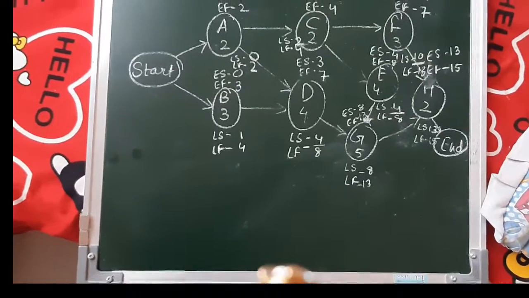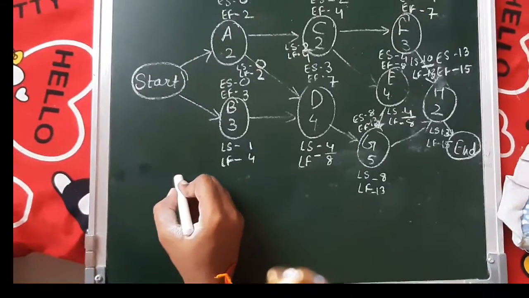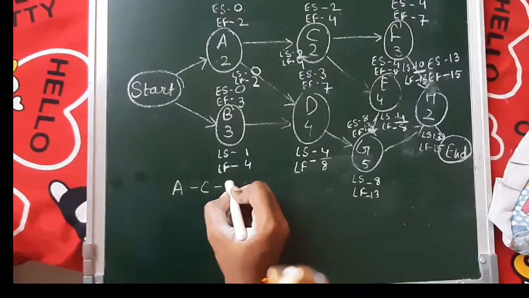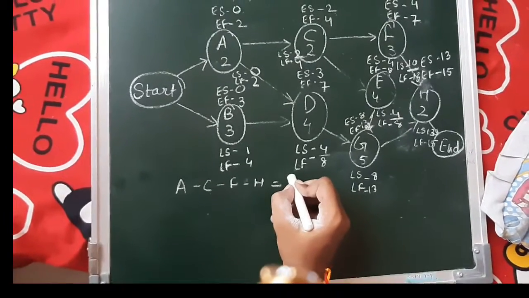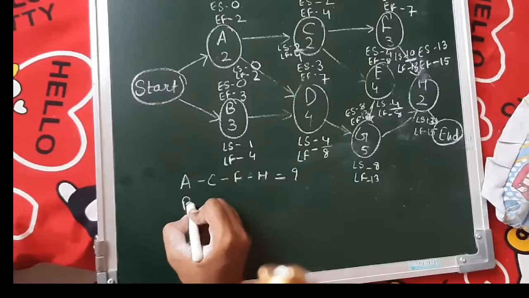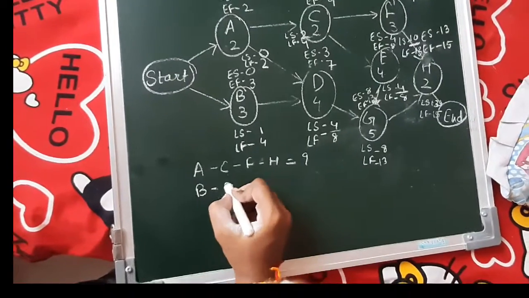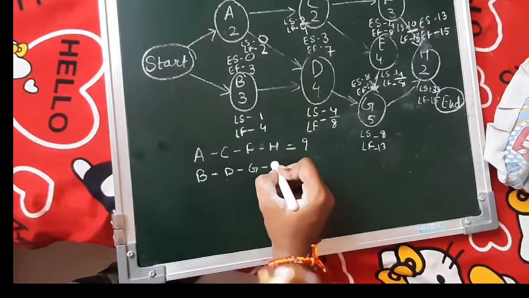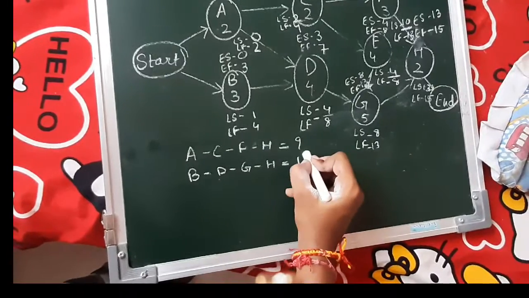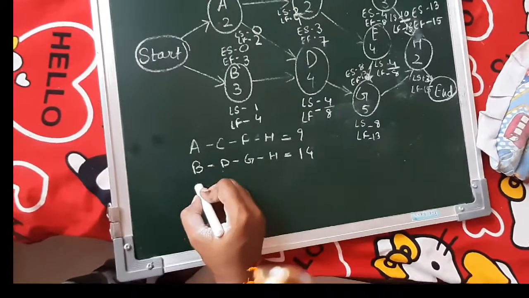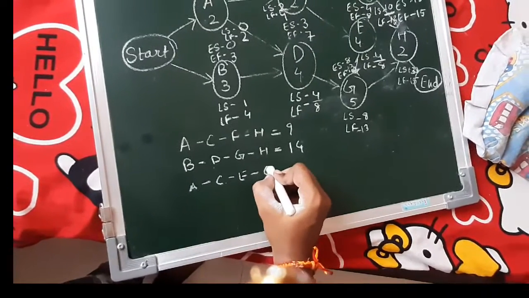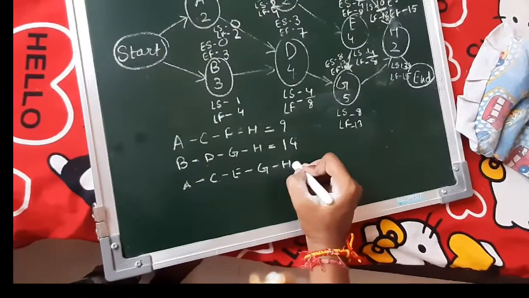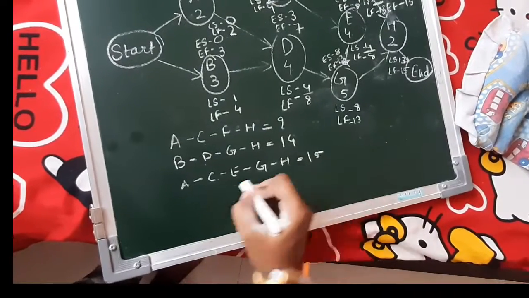Now we have to see the possible paths. They are A, C, F, H, and the time becomes 9. Our next path is B, D, G, H, and the time taken becomes 14. Another path is A, C, E, G, H. Time becomes 15.